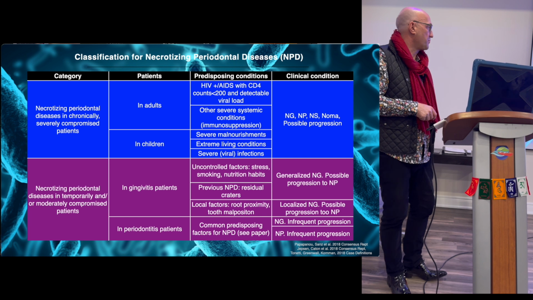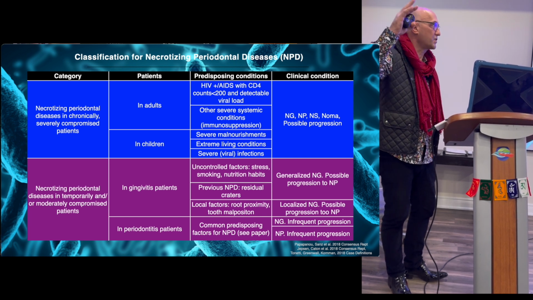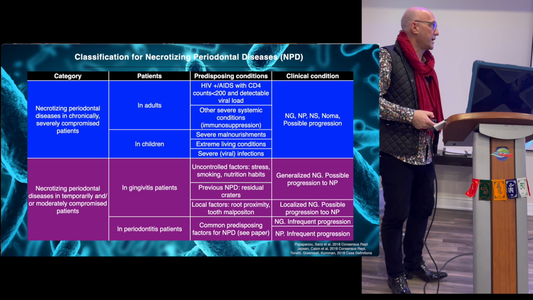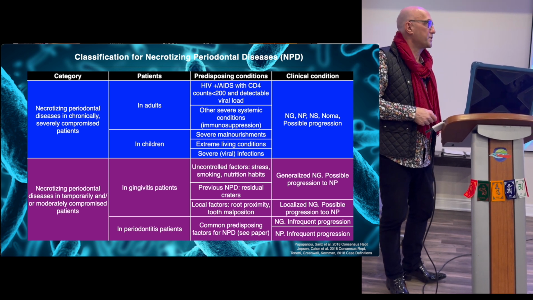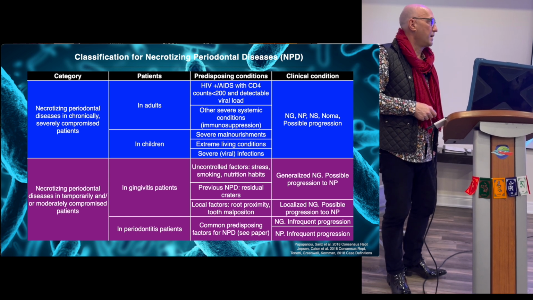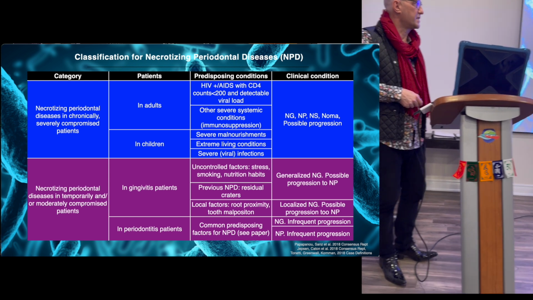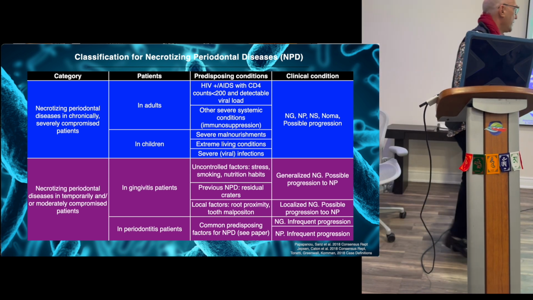And diseases in temporary or moderately compromised patients as well. So there's a distinction there. People like to split hairs. The predisposing conditions here are sort of HIV, AIDS, other severe immunosuppressants, and then this is sort of where my patient fell in between those two things.